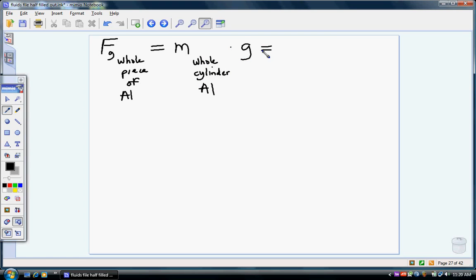But for the mass of the whole cylinder, we could substitute the density of the aluminum times the volume of the whole cylinder of aluminum.